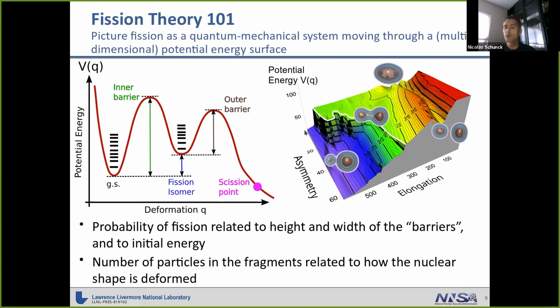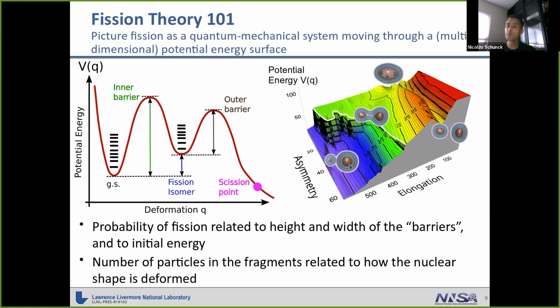Now, if you have a shape with no asymmetry, what that means is that when a shape like this splits in two, the two fragments will be identical, which means they will have the same number of particles. Conversely, if you have a shape with a large asymmetry, you will end up with a big fragment and a small fragment.